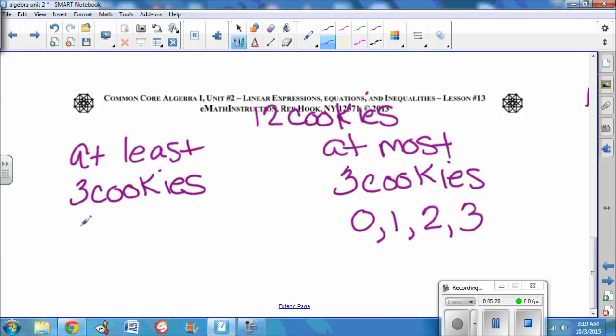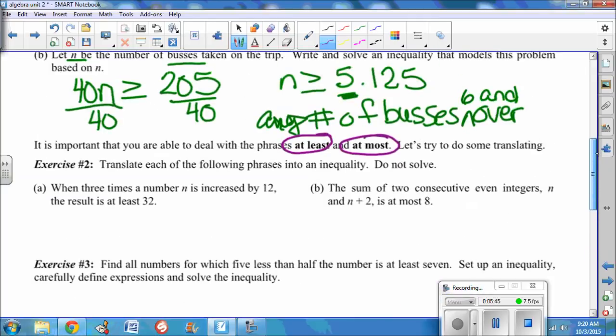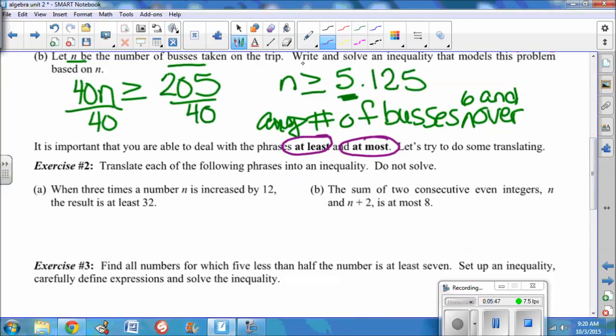Wow. So that means you could have 3 cookies, you could have 4 cookies, you could have all the way up to 12 cookies. So that difference between at least and at most, there's a big difference. All right, so now let's translate and work with us.